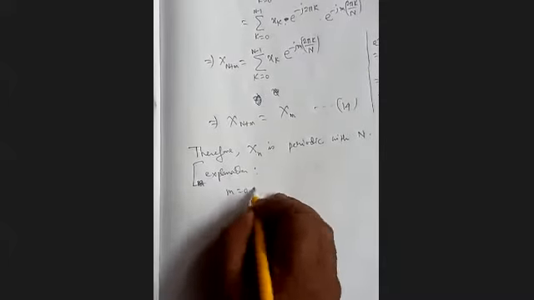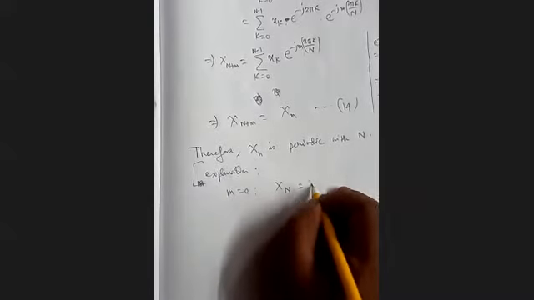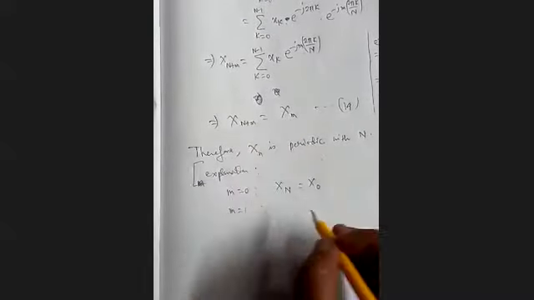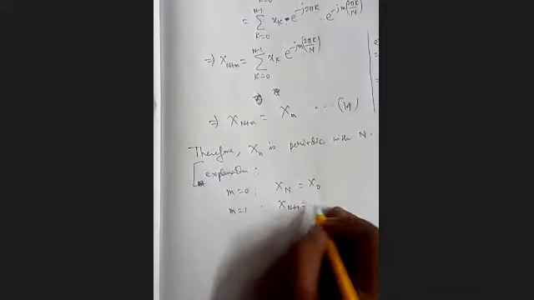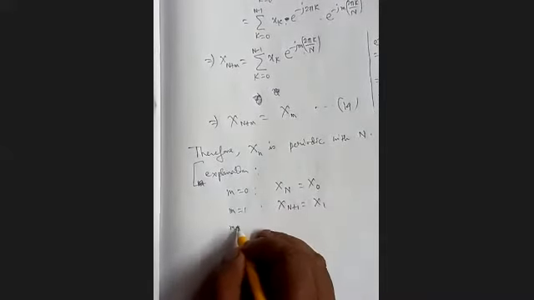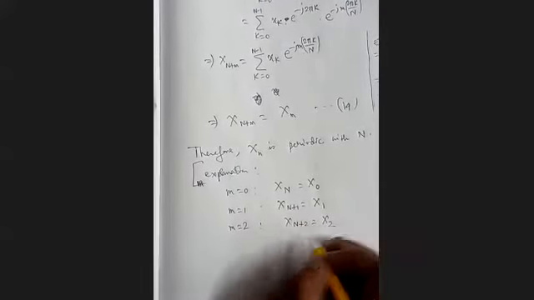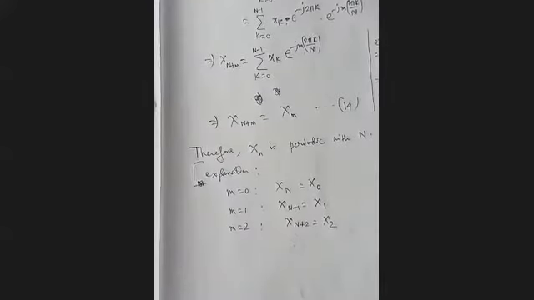For m equal to 0, what happens? X[N] equal to X[0]. For m equal to 1, X[N+1] equal to X[1]. For m equal to 2, it is X[N+2] equal to X[2]. This way it will go on.